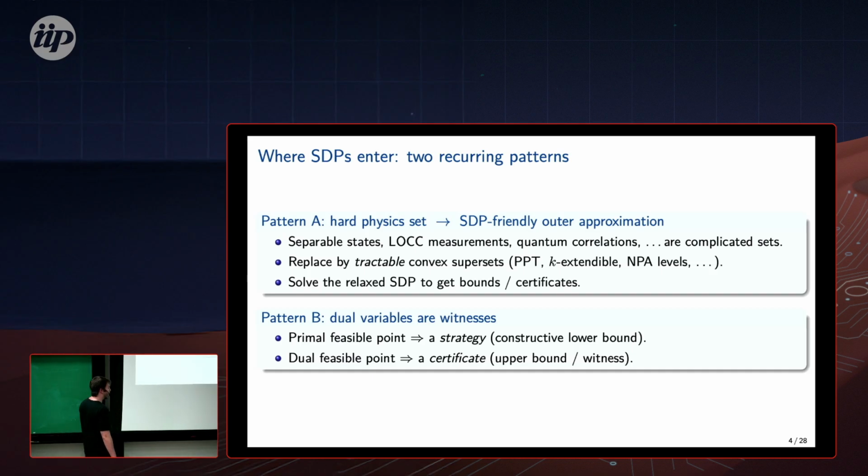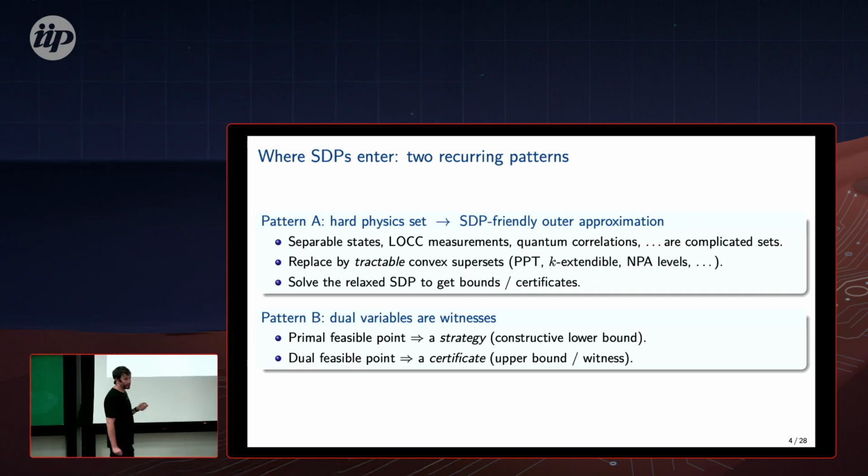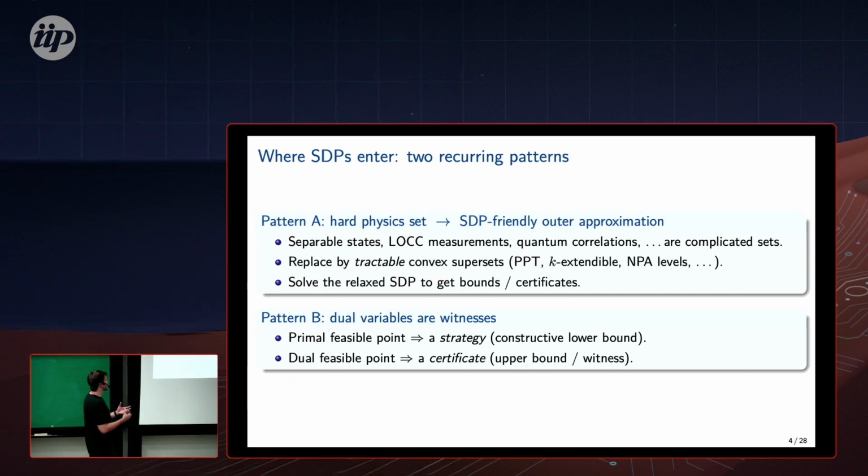And if you want to optimize over them, that's usually very hard to do, both if you want to say something analytically, but also numerically. And they admit sort of nice approximations by SDPs. In particular, for the set of separable states, you could instead look at so-called positive partial transpose states, PPT states, which you can then characterize by SDPs.